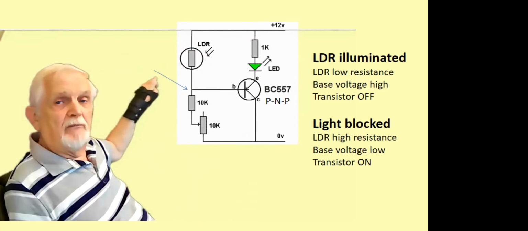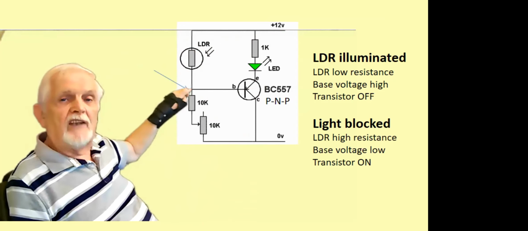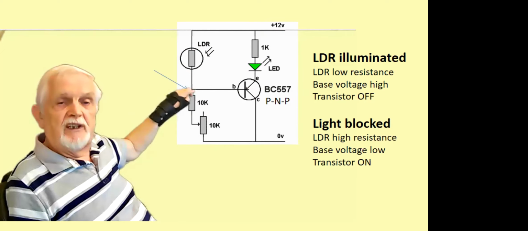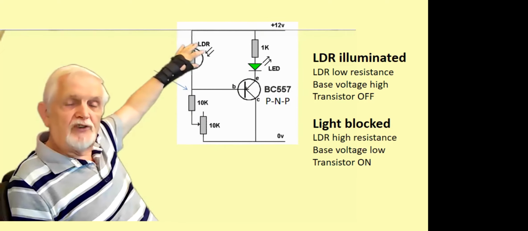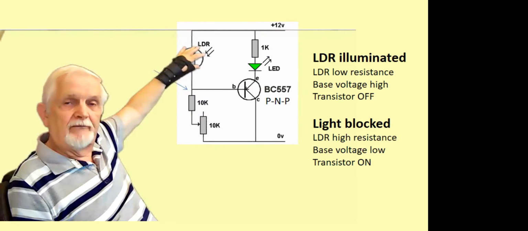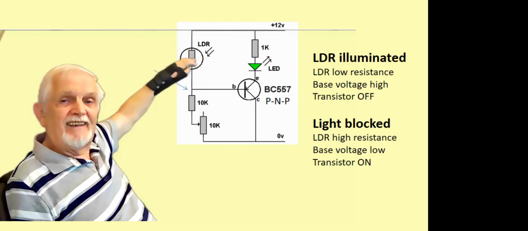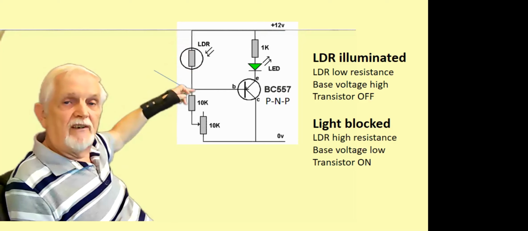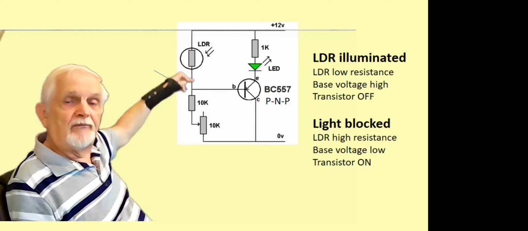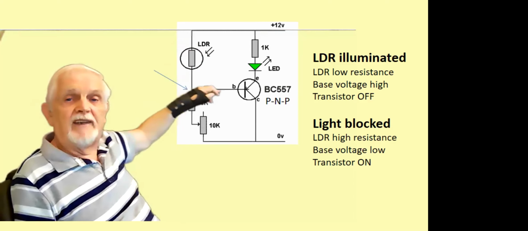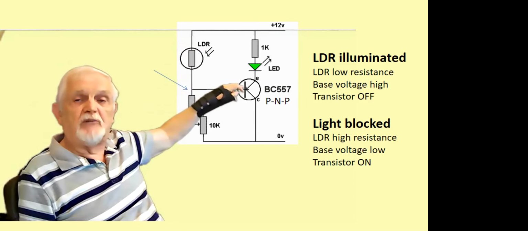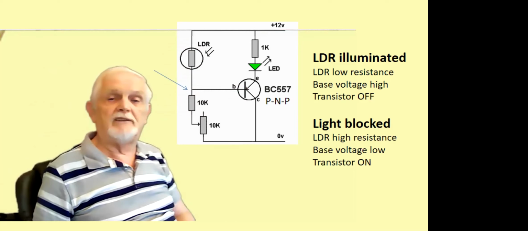So that point pointed to by the arrow, its voltage will change as the light value changes on there, that resistance changes. And that's the equivalent of a potentiometer where you're moving the center up and down. And that will then decide the switching point to bring on the transistor.